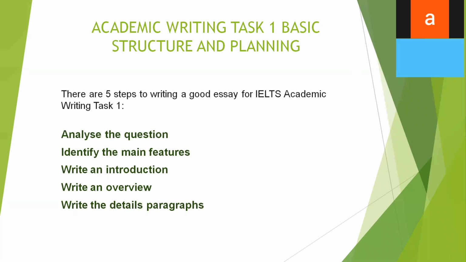Going to the structure first, you need to analyze what the question is asking about. These are the 5 steps you need to follow to have a 7+ band in writing Task 1. The first thing is that you need to analyze the question and identify the main features.